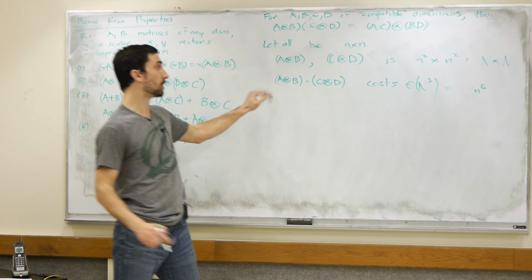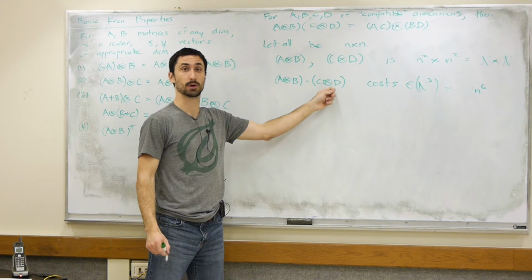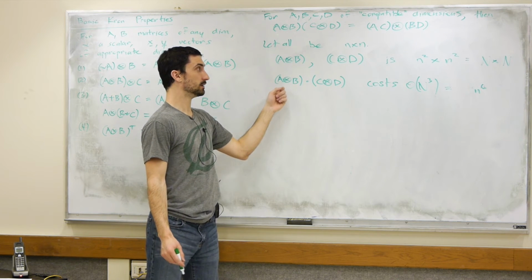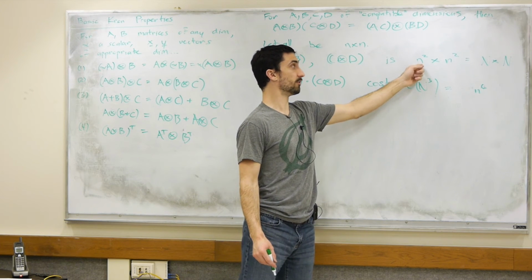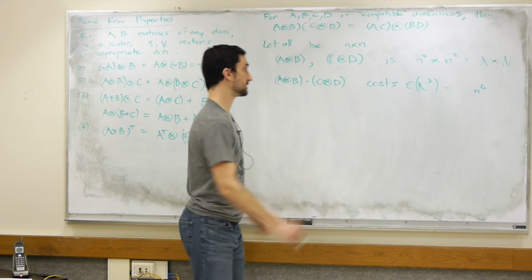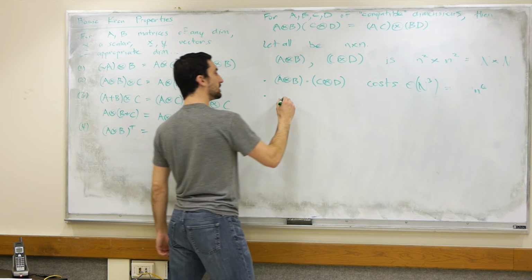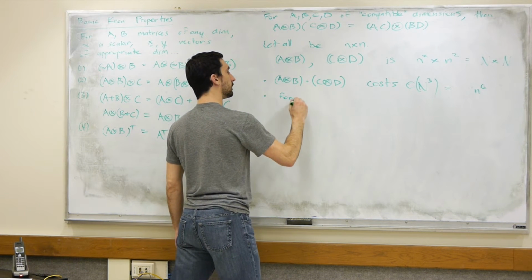And that's discounting the cost of forming the Kronecker products. But those require only little n to the fourth operations.